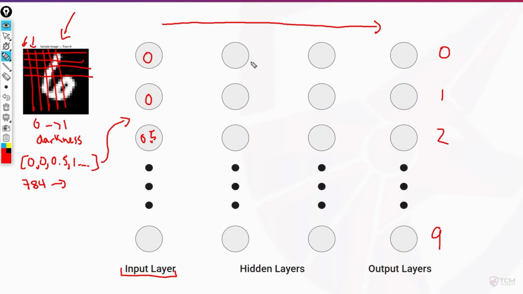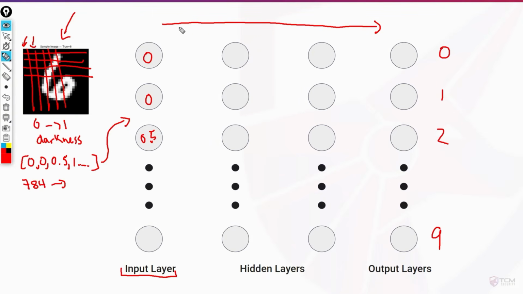The goal of our network after training is that we adjust all of the separate weights and biases for each of the connections in such a way that when we have that numerical representation of things like a 6 or a 2 or a 1, the neural network is able to pick up on the characteristics of that. As it passes through the network, the neuron that represents the actual true value of the image, so this is 6, will be the highest, and then we can classify it as such.